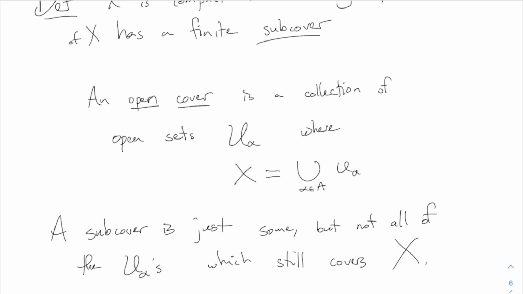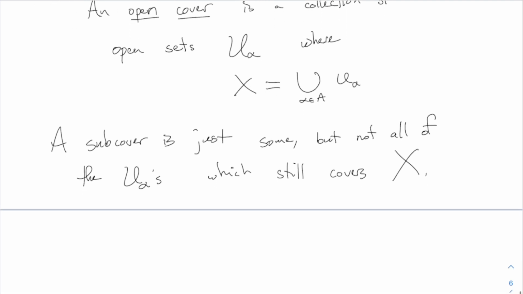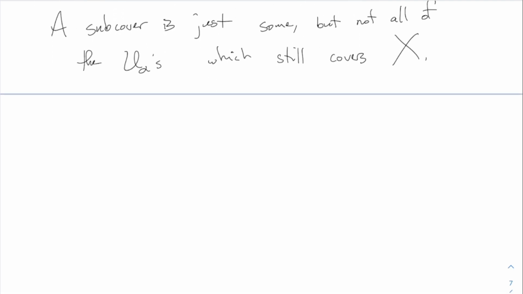And I will give you one example of a non-compact set using this open cover business. We're going to do a lot more details, but we only have 1 more minute here. Let X be, this is an example that you saw in your analysis class. This is a recurring example in real analysis. You talk about this particular example all the time.